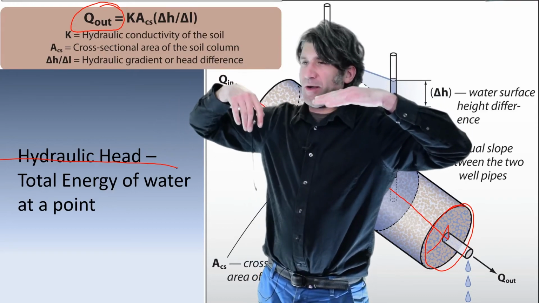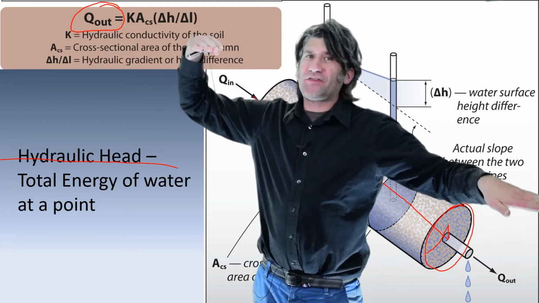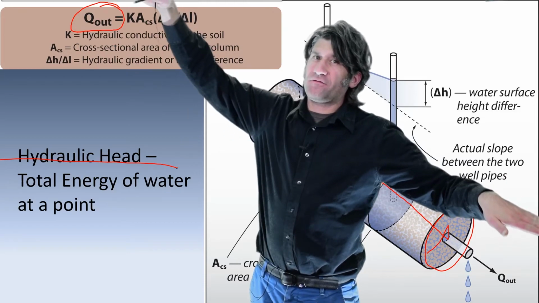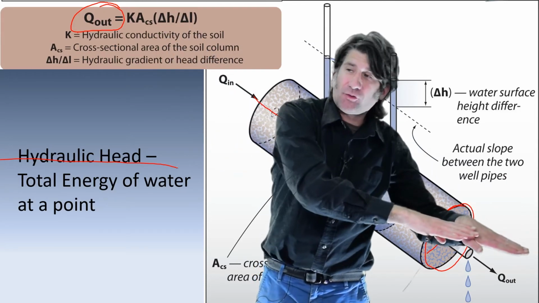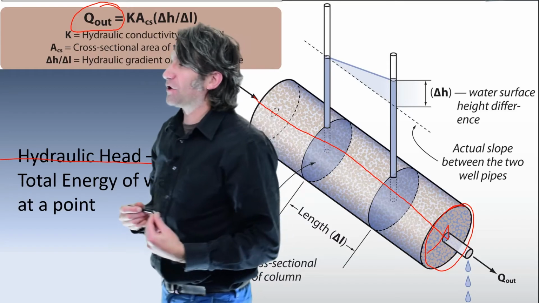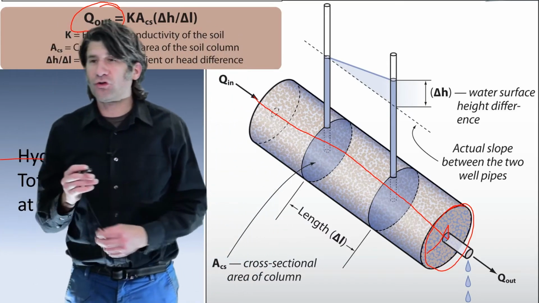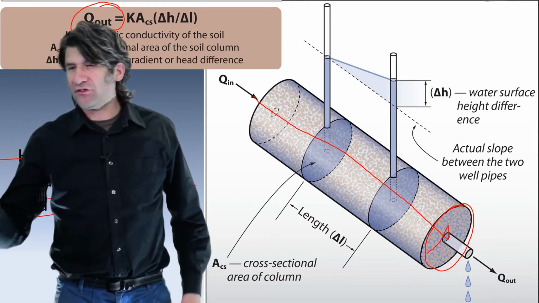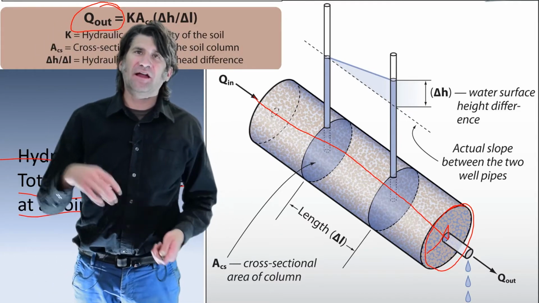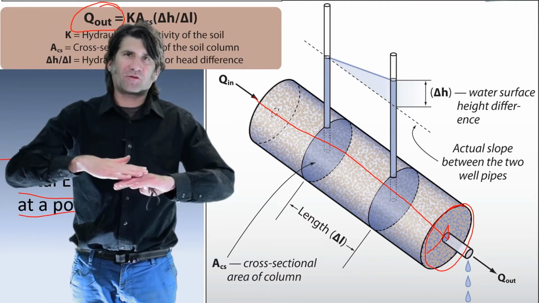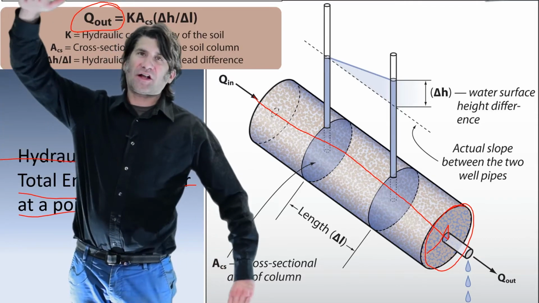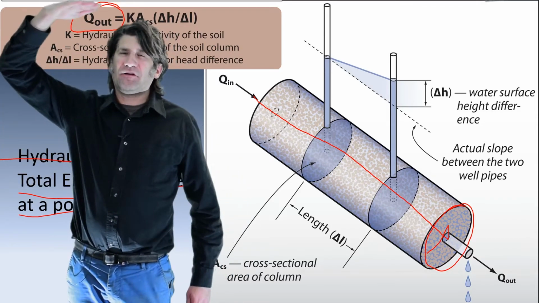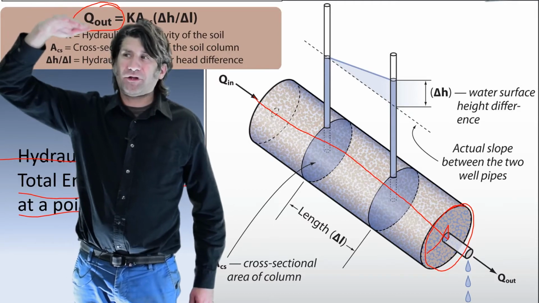In a landscape, we see that because of gravity, water flows from a high point down to a low point. We can quantify that as the total energy of water at a point. That's the hydraulic head, the total energy. We can often measure that total energy from a reference point like sea level, so we'll talk about the head being the amount of elevation above sea level we are.